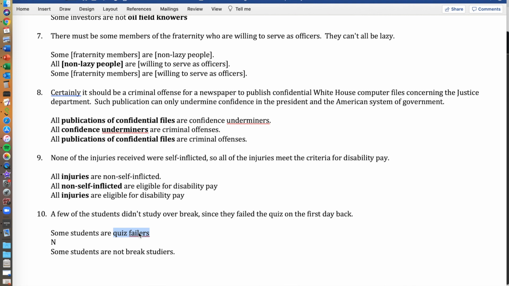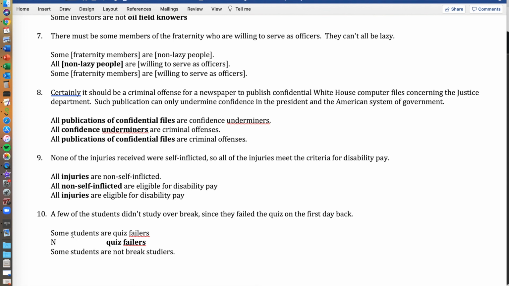Now, quiz failures is not distributed in the first premise because it's the predicate of an affirmative, but it must be distributed where it reappears in the missing premise. And again, I know that predicates of negatives are distributed, so I can put it in the predicate position and it will be distributed then, right? Predicates of negatives are distributed.